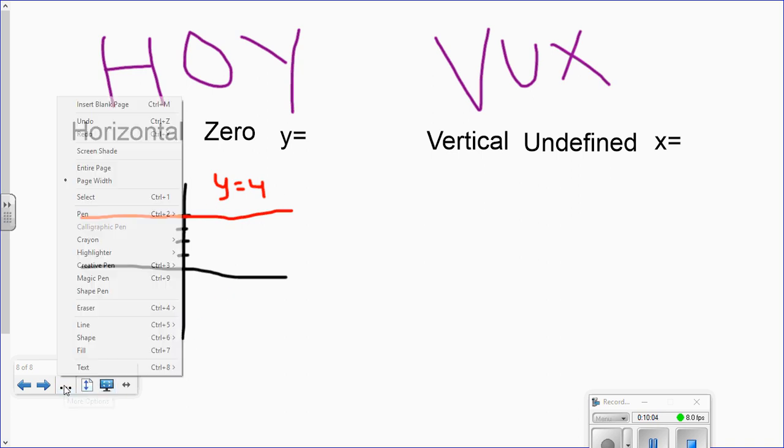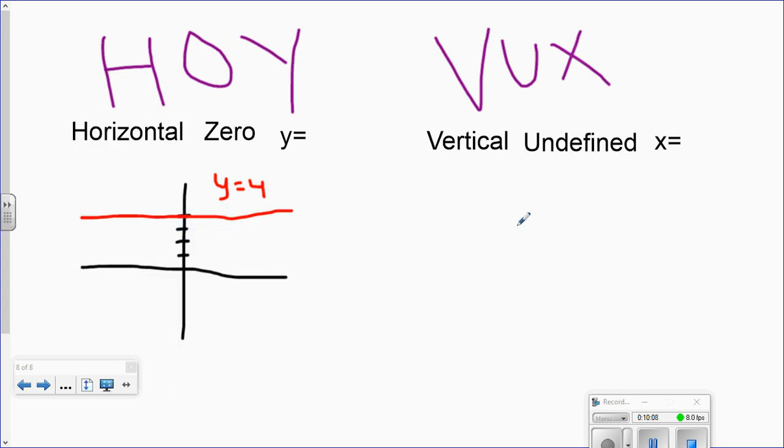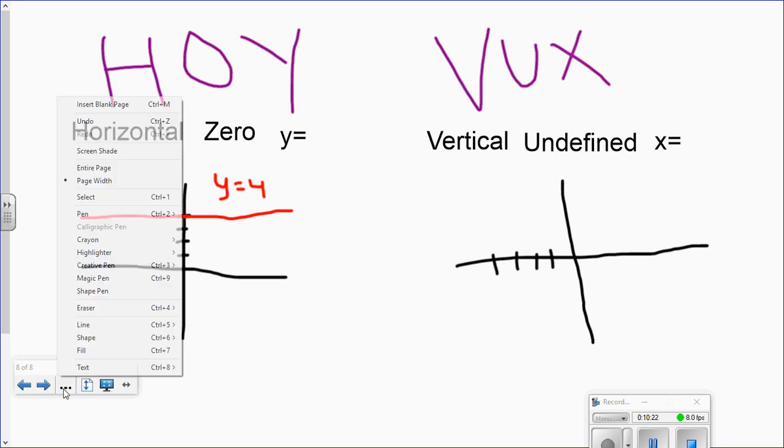Okay? And so the VUX, or the vertical, again, if I have my axes, so we have 1, 2, 3, 4, and let's say I draw this.